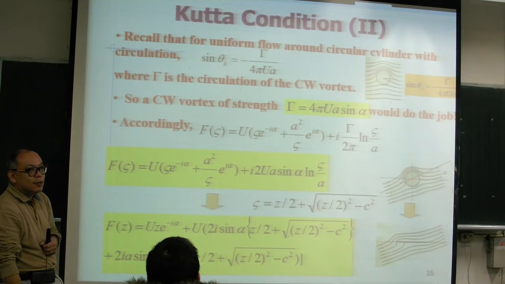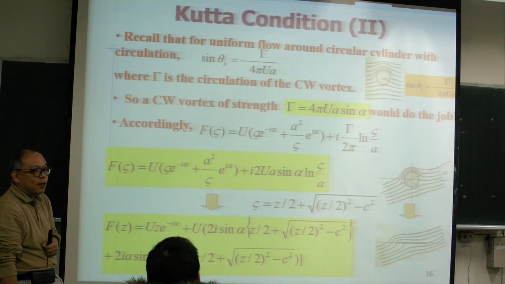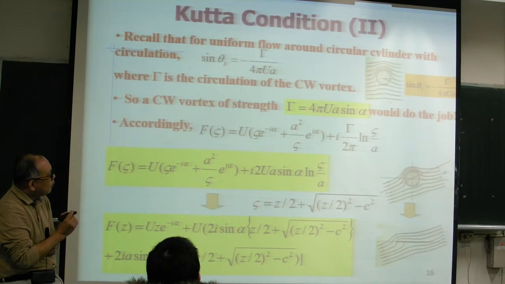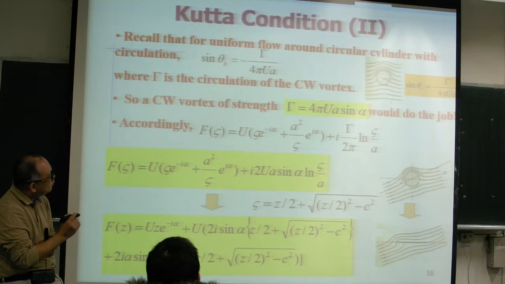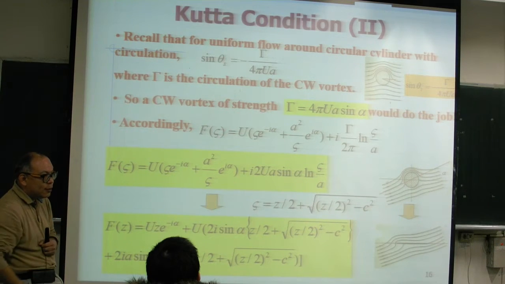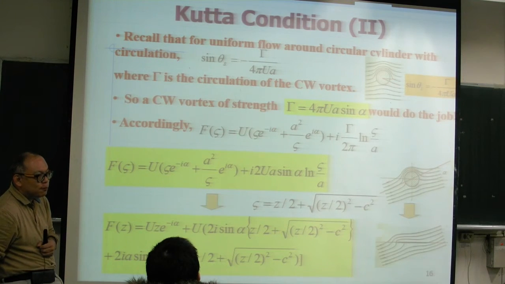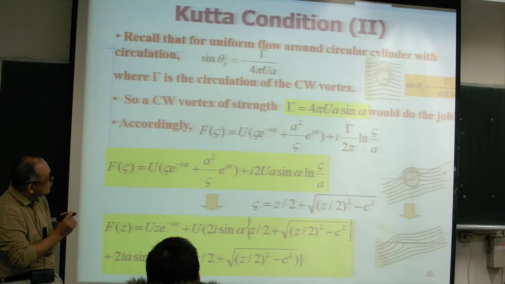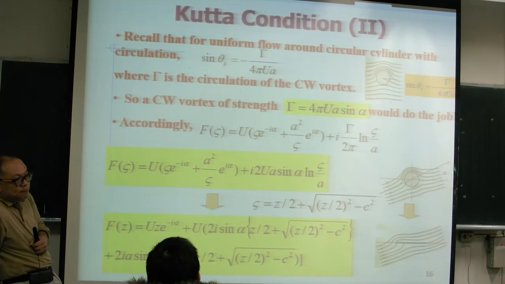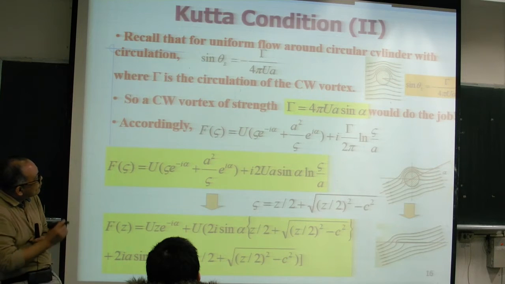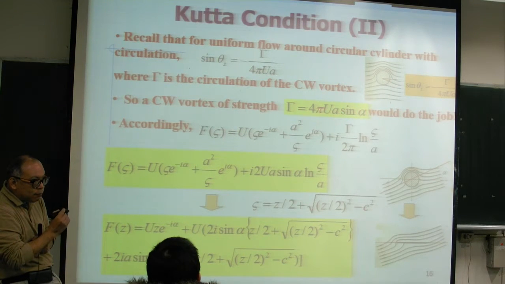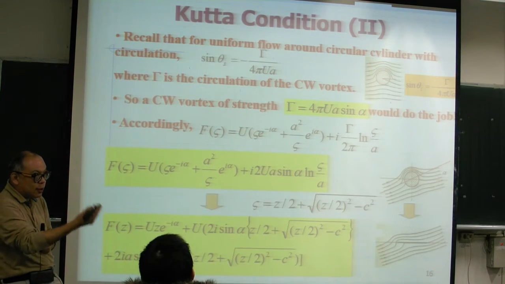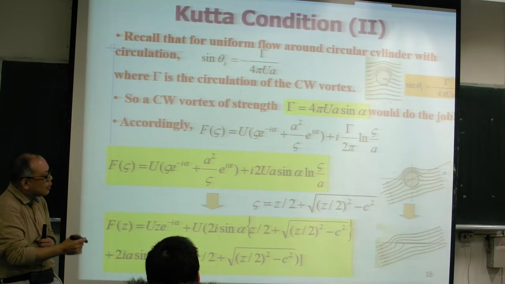Are there any problems here? This is very important. If you have any question up to here, please raise your hand. Is there anything you don't understand? Why is gamma equal to this? You have to understand, because we have to satisfy the Kutta condition.